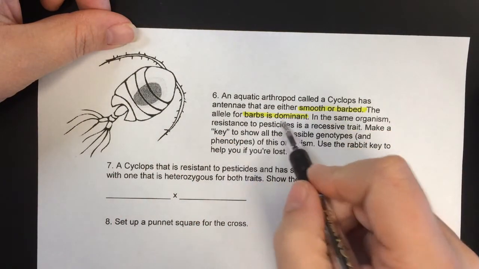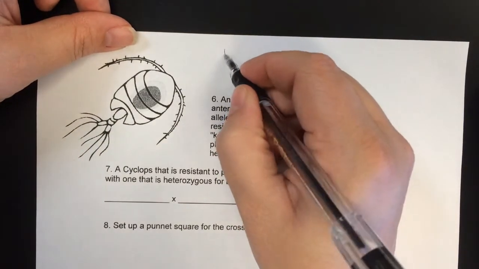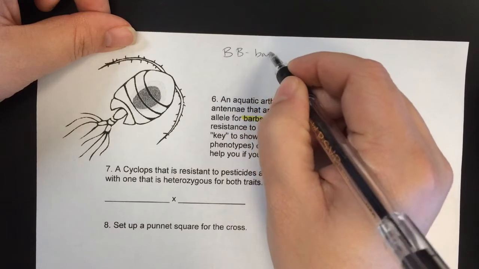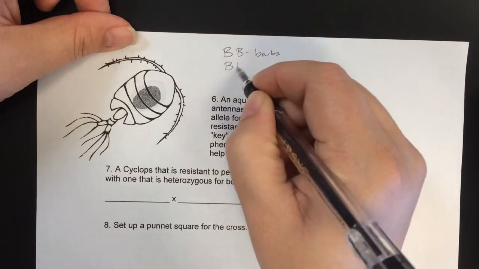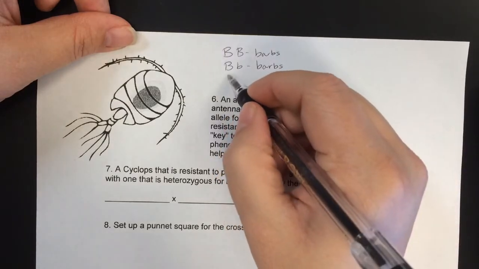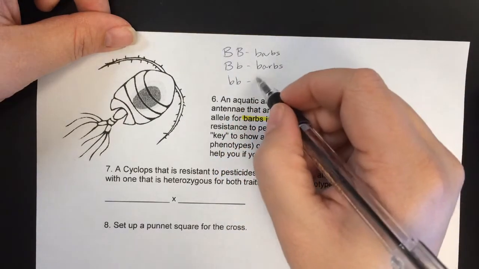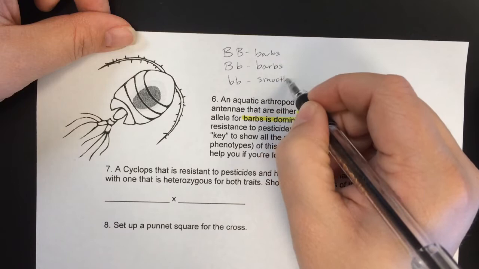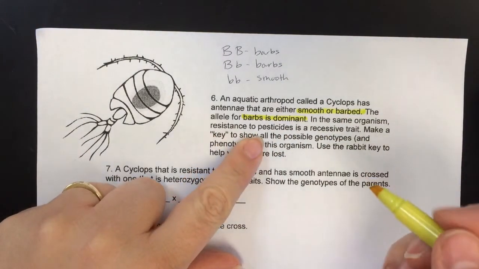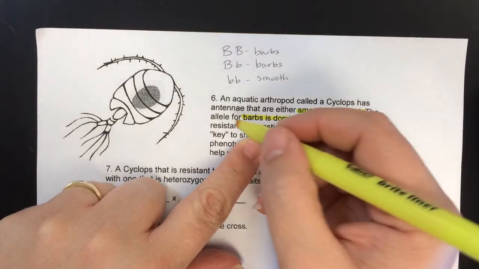So if barbs is dominant, that means that big B, big B would be barbs, and big B, little b would also be barbs, and then little b, little b would be smooth.